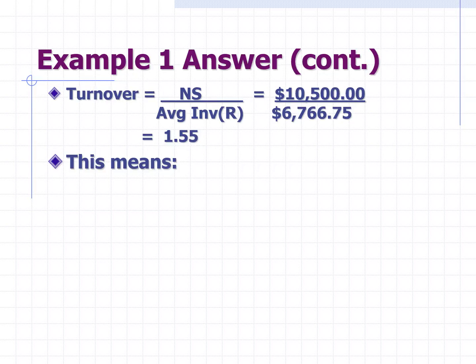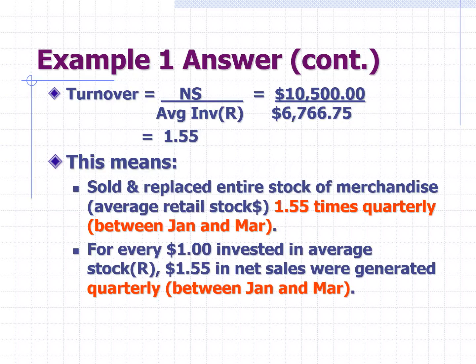Okay, going back to the 2 ways of interpretation that we can have about turnover, or 2 different kinds of conceptual definitions of turnover. Okay, can you kind of think about how to interpret this number in your mind? I hope you were able to figure out how to interpret this turnover number by yourself.